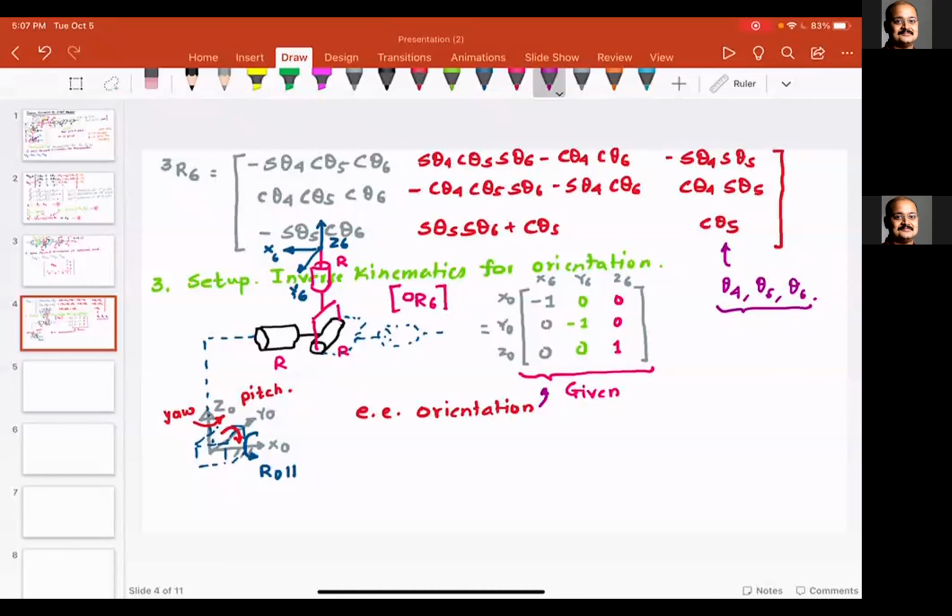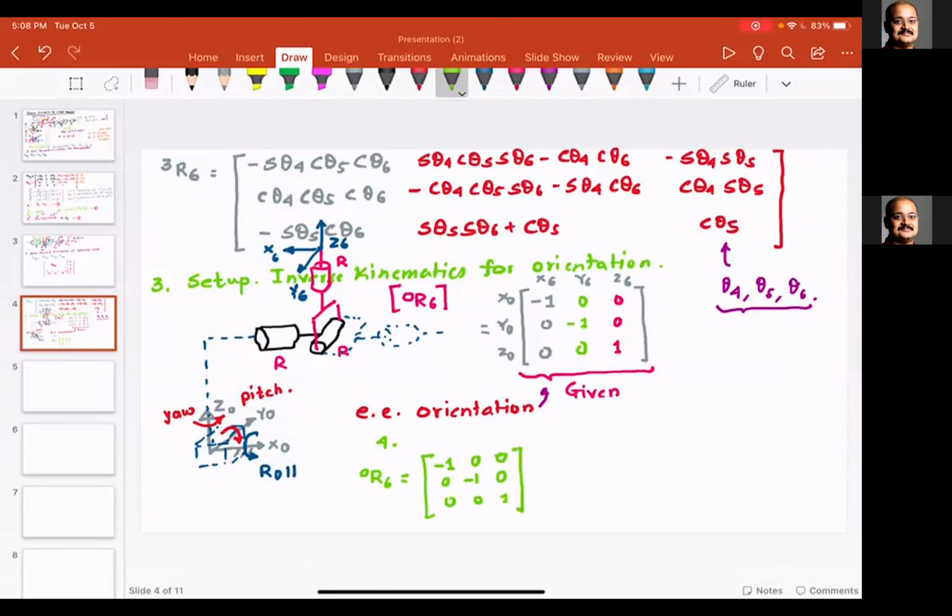So next, I will set up this problem something like this. Now this is an important step. Please note that this is 0R6, which is -1, 0, 0, 0, -1, 0, 0, 0, 1.